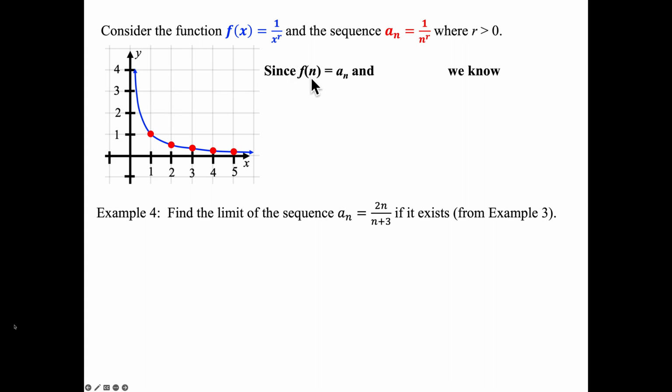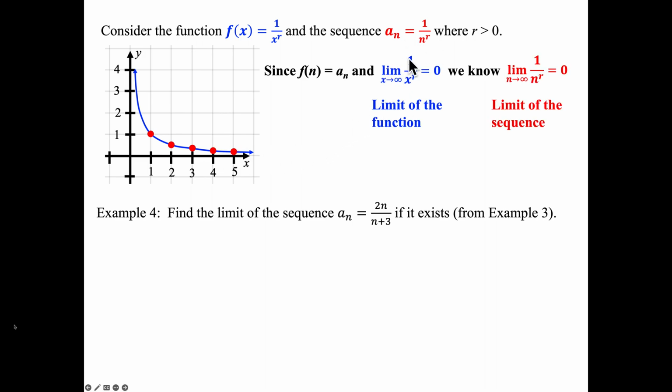Since f of n is equal to a sub n, if you take the n values for the sequence and plug them into the f of x function, they're landing on the curve. Therefore, the limit as x approaches infinity of 1 over x to the r is equal to 0, so that must be true for our sequence as well.